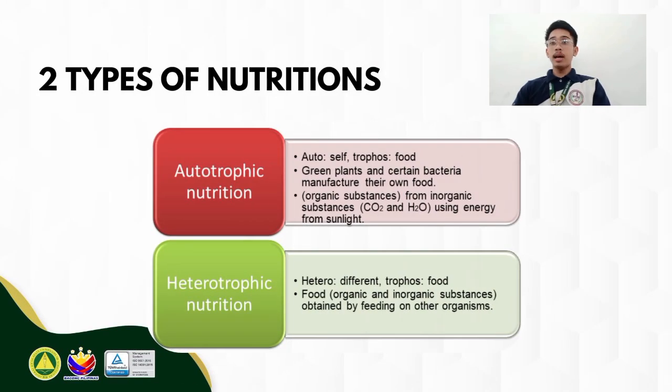Nutrition comes in two types. We have the autotrophic nutrition and the heterotrophic nutrition. Autotrophic, from the word auto meaning self, and trophos, food. It refers to green plants and certain bacteria that manufacture their own food, making organic substances from inorganic substances, using energy from sunlight.